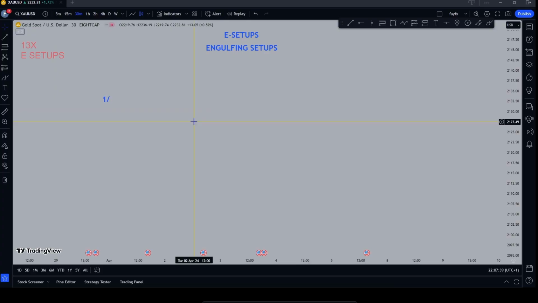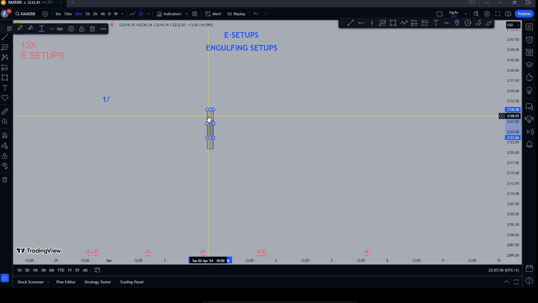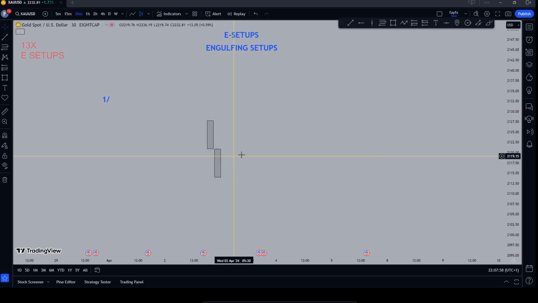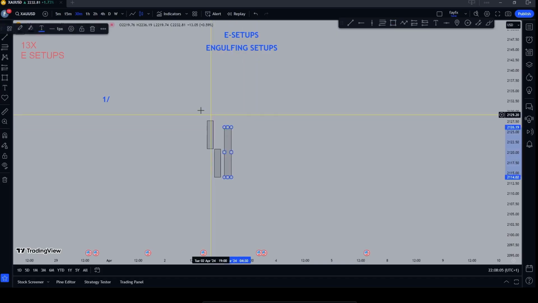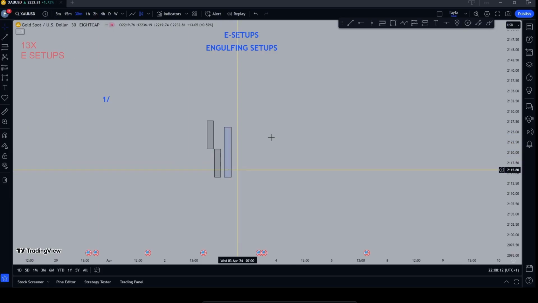Before going to the first setup, let's see what an engulfing candle means. Let's say we are bearish here, and suddenly we have a big bullish candle that engulfs the previous bearish candle.